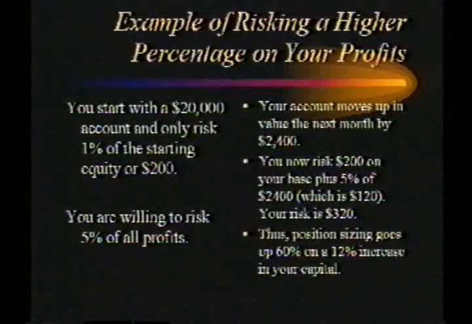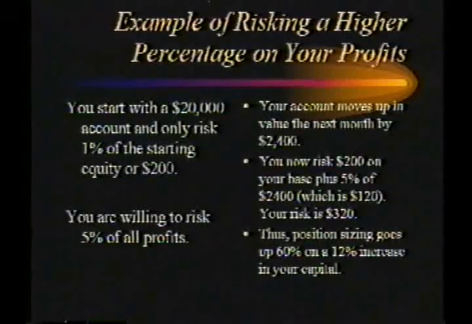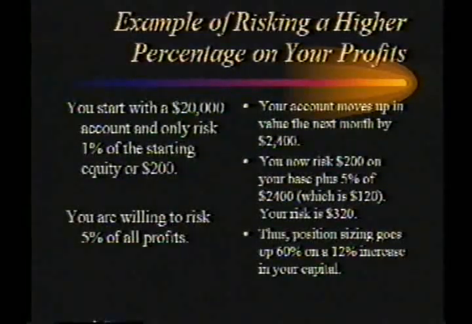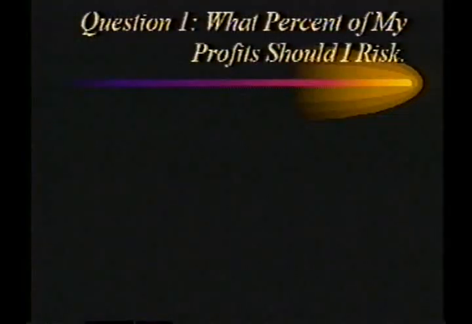Your capital has gone up just 12%, but now your position sizing has gone up 60%, which allows your profits to really grow. So how do you decide what percentage of profits to risk? How do you know what's optimum? Well, theoretically, you could calculate all that and get some rough idea. But I recommend a very simple formula that all of you can apply.